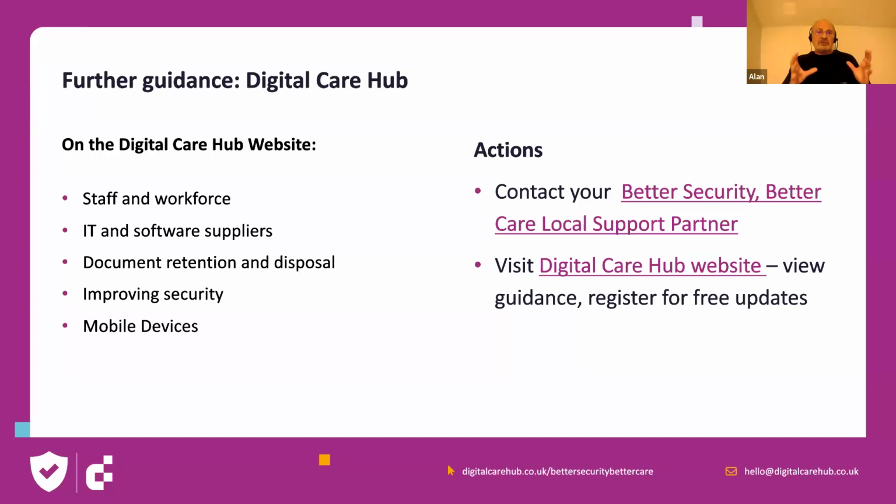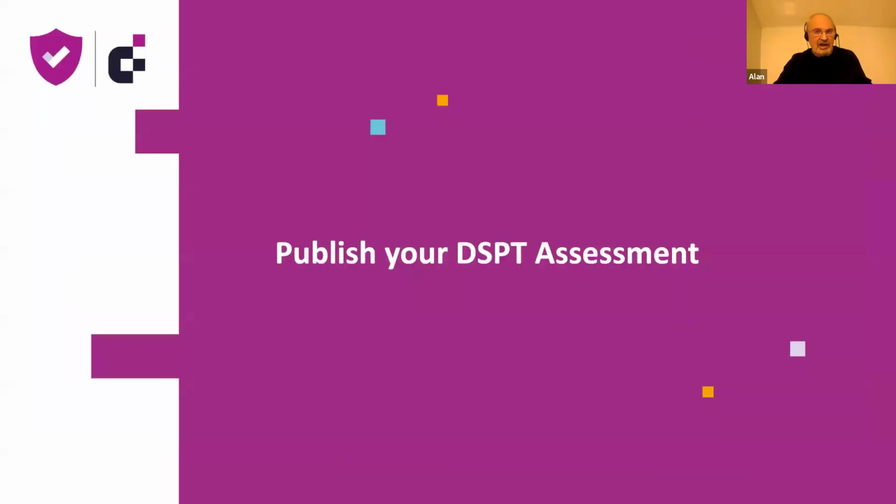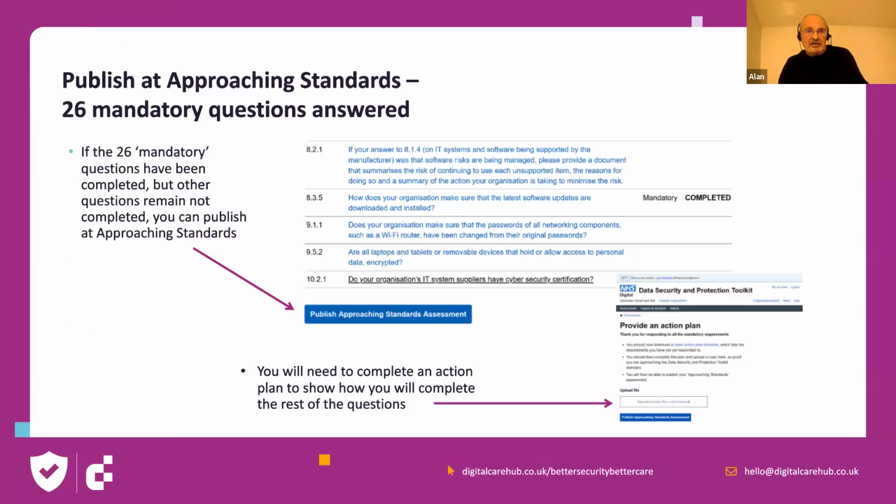So you're now at a point, having completed all of the questions, you're then able to publish at the appropriate level. So how do you publish your DSPT assessment? Right, so assuming that you're publishing at approaching standards, so you've responded to all 26 mandatory questions, if you scroll down to the bottom of the page, there will be a blue bar saying publish approaching standards assessment.